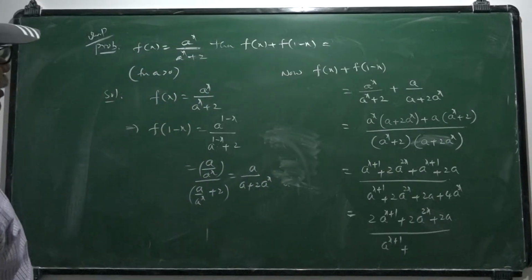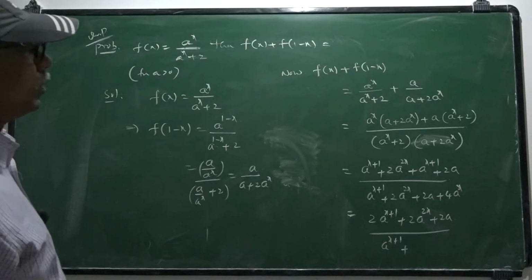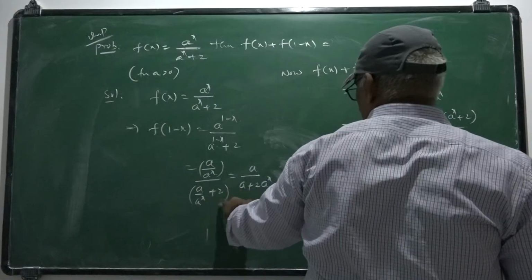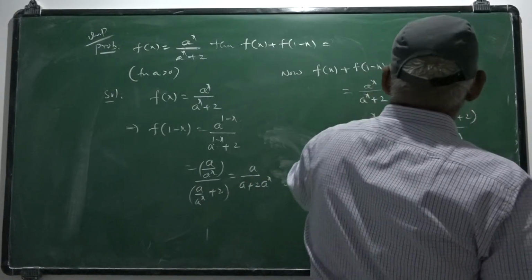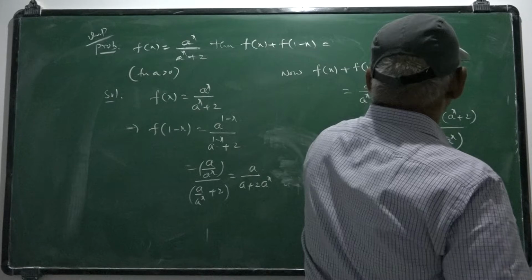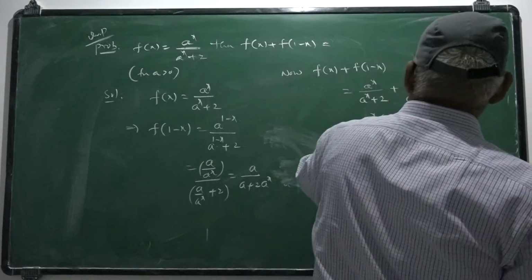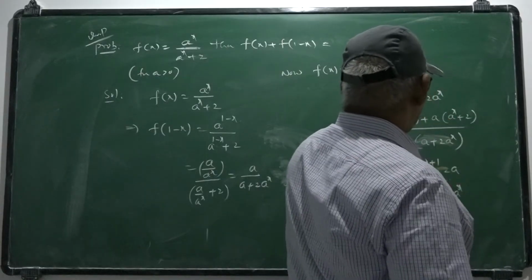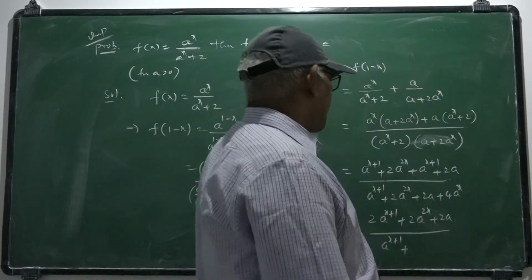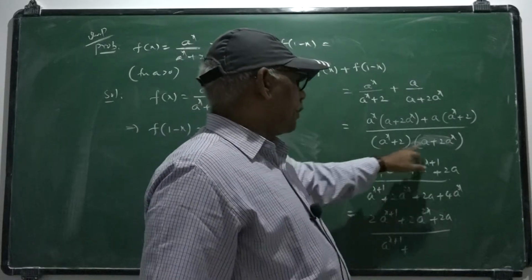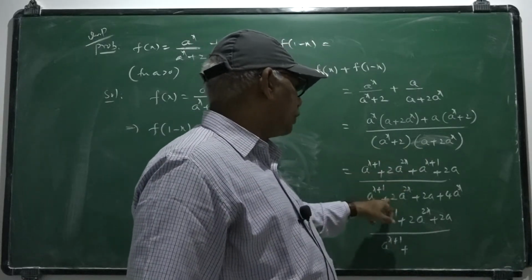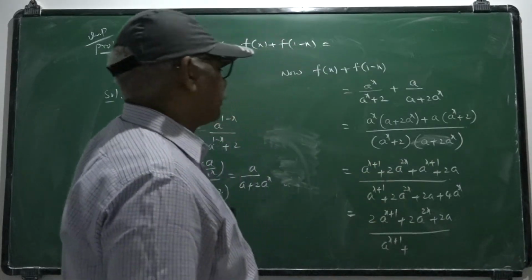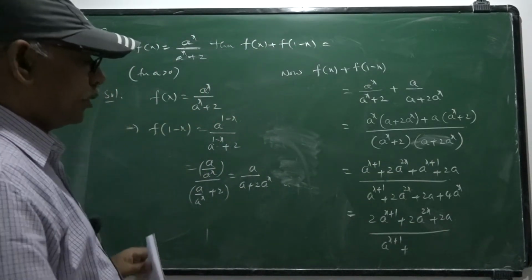These two must be equal. The numerator a^x into (a + 1) gives a^(x+1)... overall, this is 2a^(2x) + 4a^x + 2a by 2a^(2x) + 2a + 4a^x. Okay.